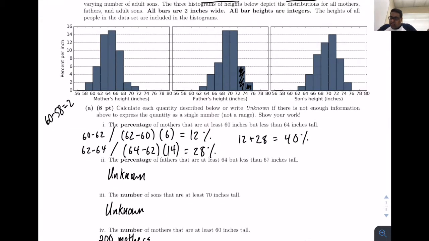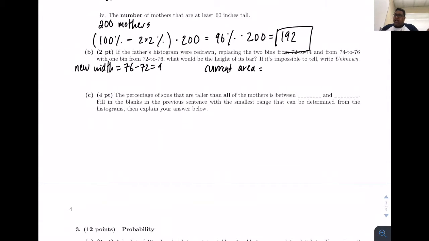Right, so currently we have one bin of area 2 times 6, and another bin of area 2 times 2, which will give us 2 times 6 plus 2 times 2, well, that's equal to 16, so our current area is equal to 16, right, because those are the areas of our current bins.